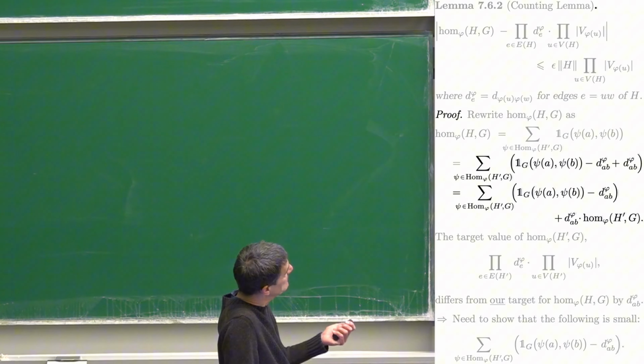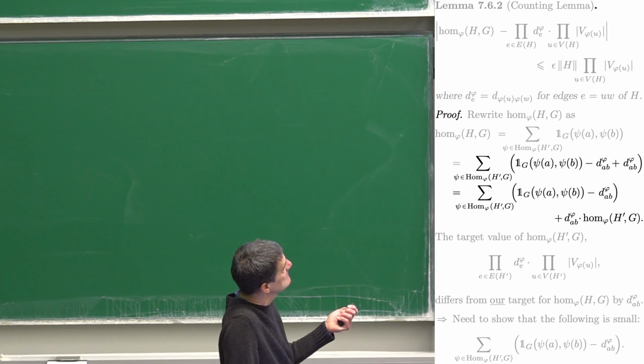And those summands there, all these little differences between 1 of blah and d phi AB, all depend on the particular psi, right? And then the other one, the plus d phi AB that we took out, well, we just count 1 for every phi-partite homomorphism from H prime to G. Right here, for every psi, we count 1 of those.